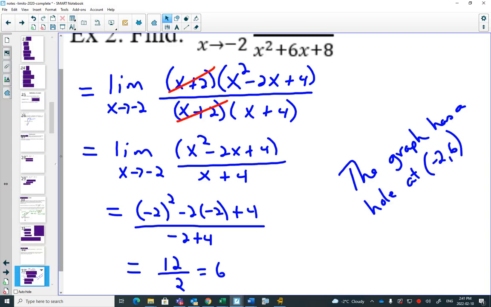Every time a non-permissible value goes away, it still shows up on the graph as a hole. And the idea of a limit says, if you approach that non-permissible value, what's the y value going to be? Well, if you have a hole on your graph, it's pretty obvious that it's the y-coordinate of the hole. So your limit is really connected to something you've already seen in graphing from grade 12.